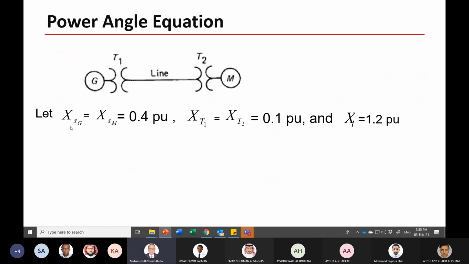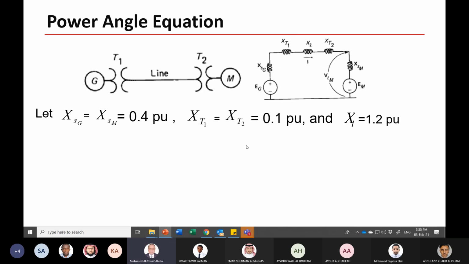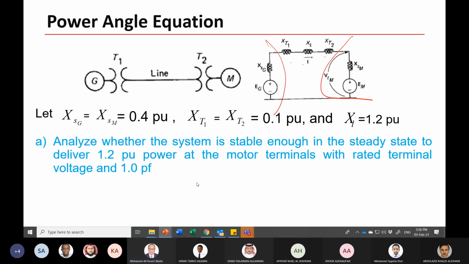The synchronous generator and synchronous motor reactances are both 0.4 per unit, the transformer reactances XT1 and XT2 are 0.1 per unit, and the transmission line is 1.2 per unit. This is the impedance diagram: the generator equivalent circuit, the motor equivalent circuit, the line, and the two transformers.